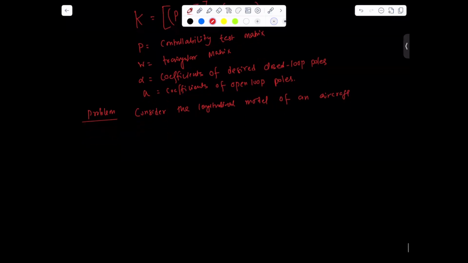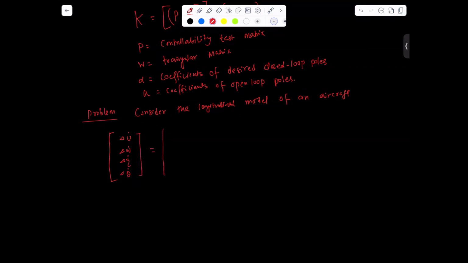Here we have the derivative part of the state vector, del u dot, del w dot, del q dot, and del theta dot.